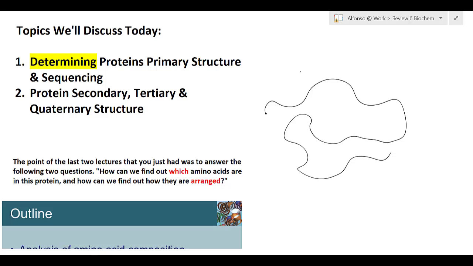Sequencing. So that's what we're going to discuss. If you want to figure out the type of amino acids that you have on this protein right here, we're going to call this protein A. If you want to figure out every single one of these amino acids, you got to sequence it. Does that make sense? Any questions about that?